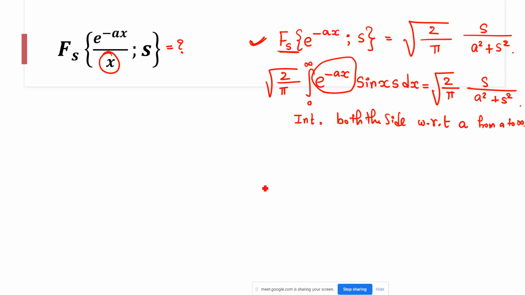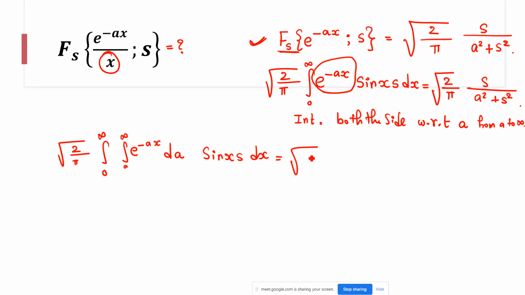So I have root 2 by pi, and since it is an independent variable, I can take it inside: integrating a to infinity e raised to minus ax da sine xs dx is equal to root 2 by pi, with s constant taken outside, 1 upon a square plus s square, integrating from a to infinity with respect to a.